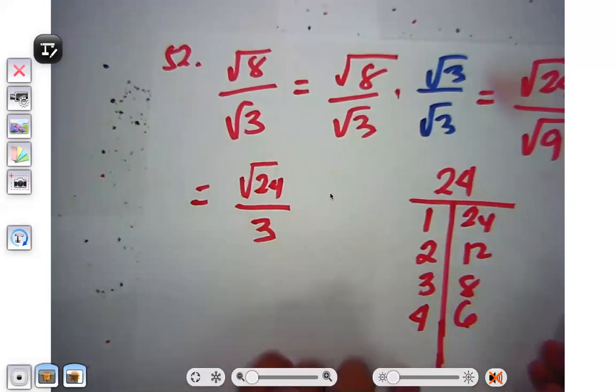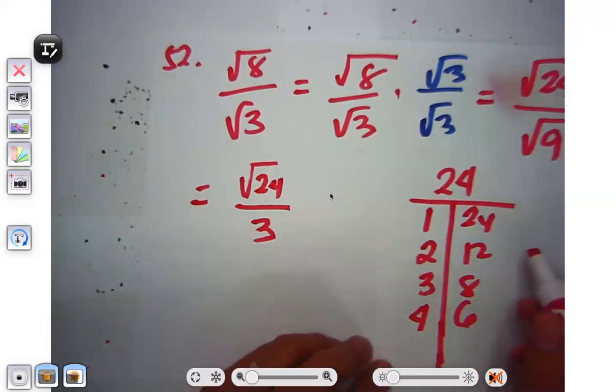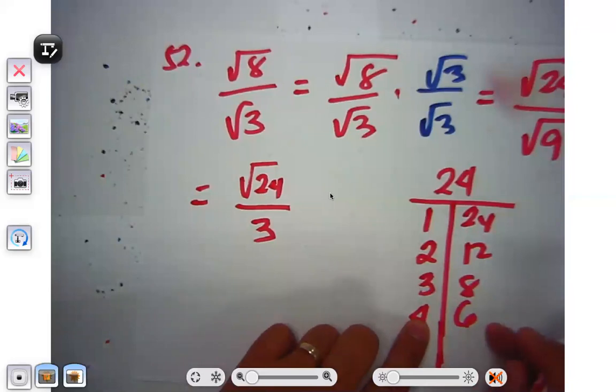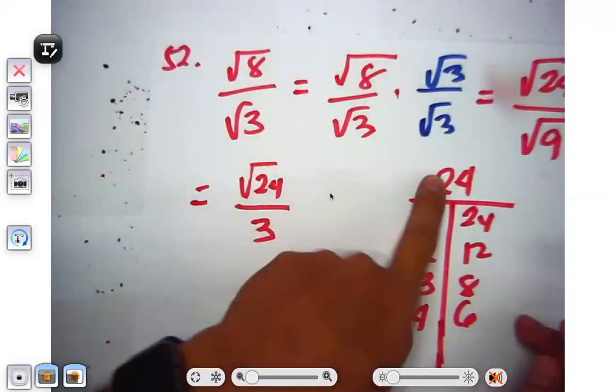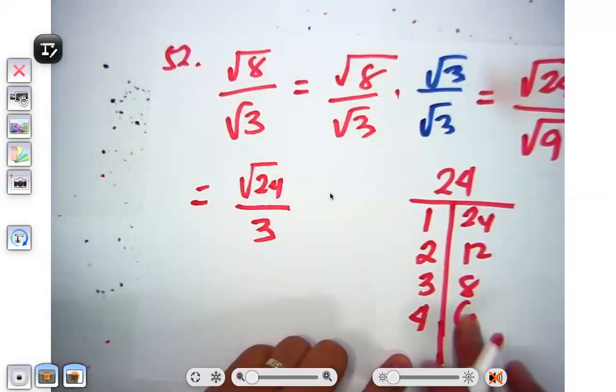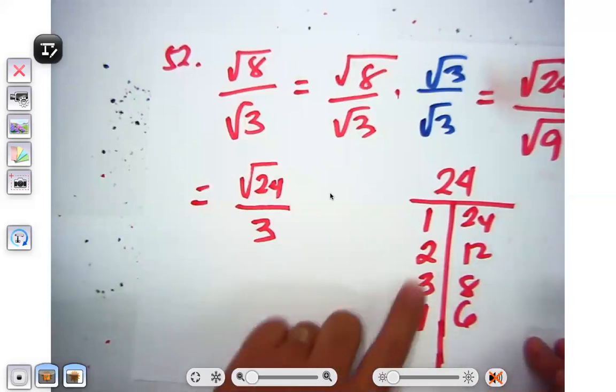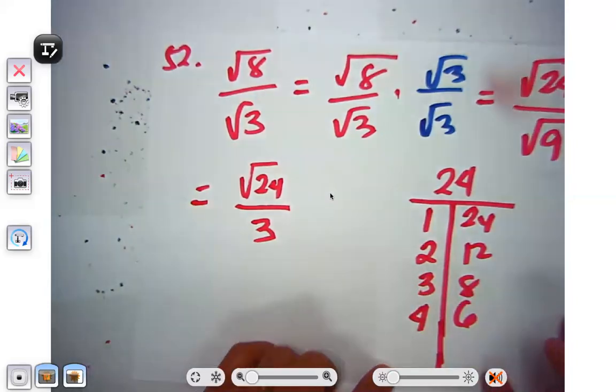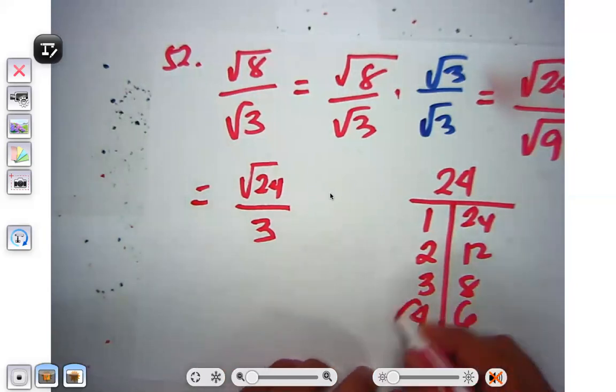4, what else? Do you think we have other factors? Only these factors? What else divides 24? Divisible by 6, but you already have it here. Divisible by 8, but you already have it here. Which one here is the biggest perfect square? This.